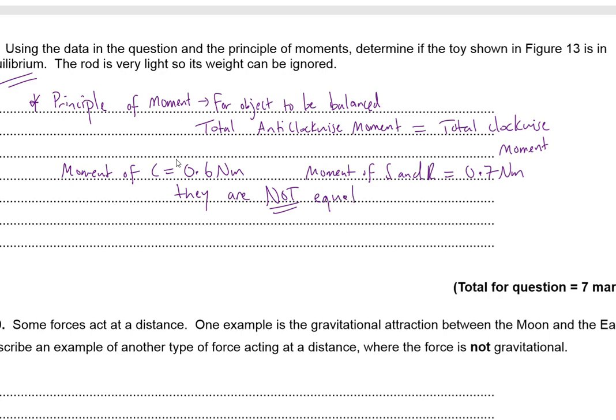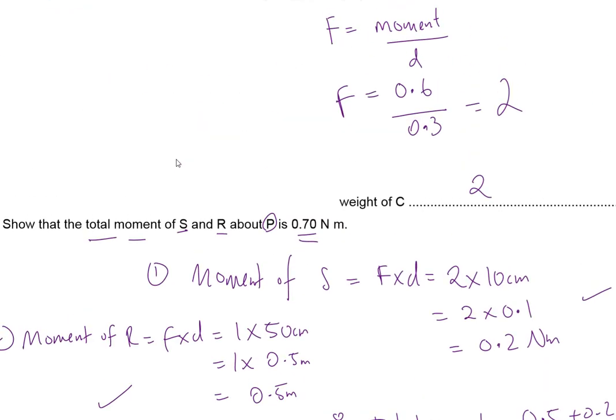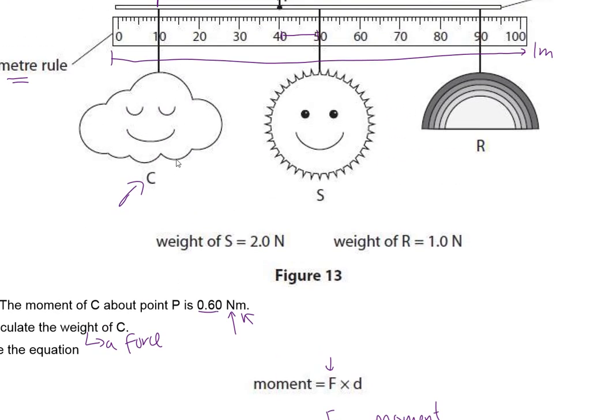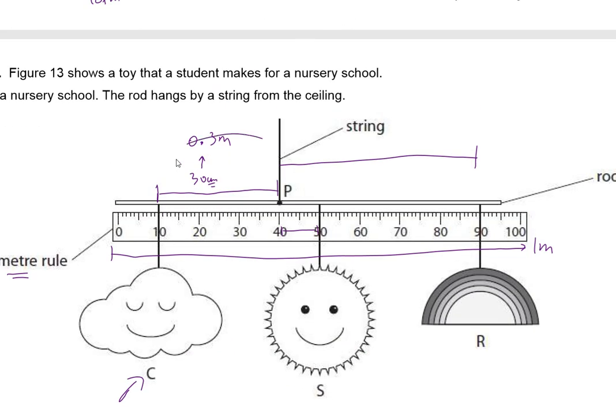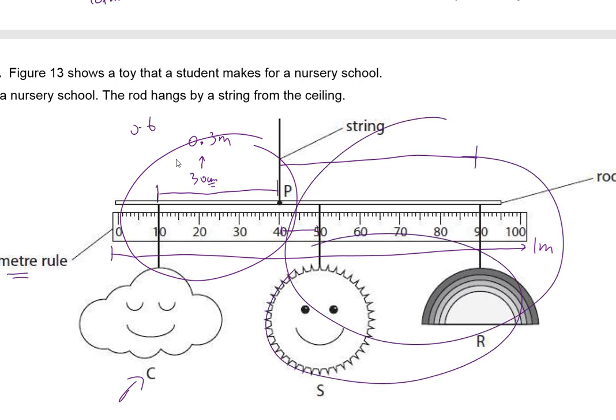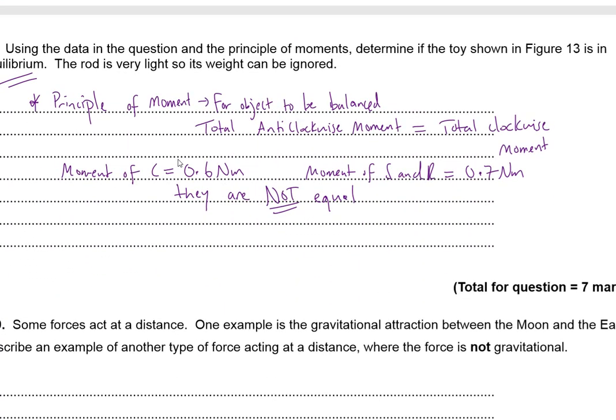You can see that the moment of C, on the left hand side, is 0.6. How do we know 0.6? It's written there. All this here is 0.6, and these two together are 0.7. As you can see, they are not balanced, so we need to say they are not balanced. Therefore, the toy is not in equilibrium.